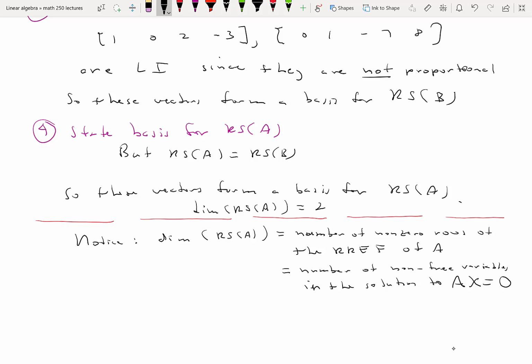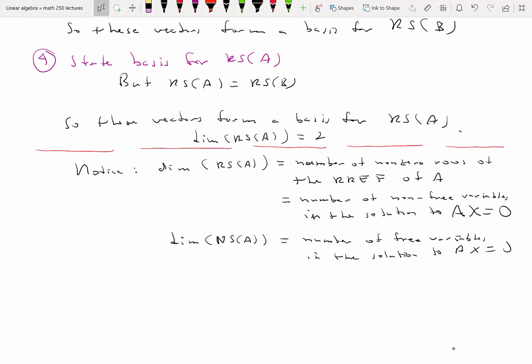Okay, now remember that the dimension of the null space of A was equal to the number of free variables in the solution to the same system, AX equals 0.